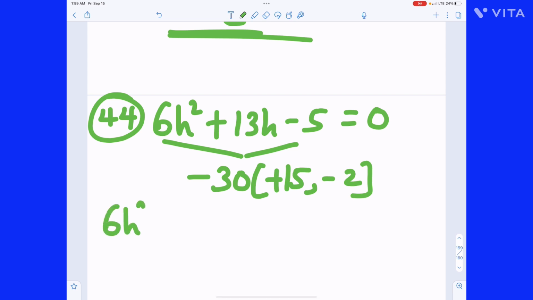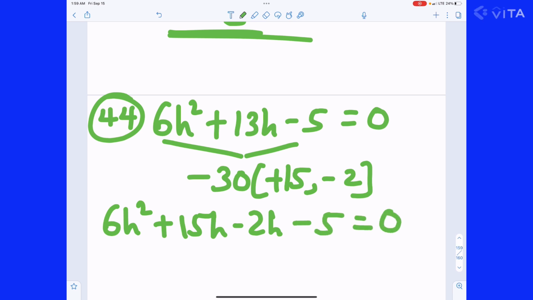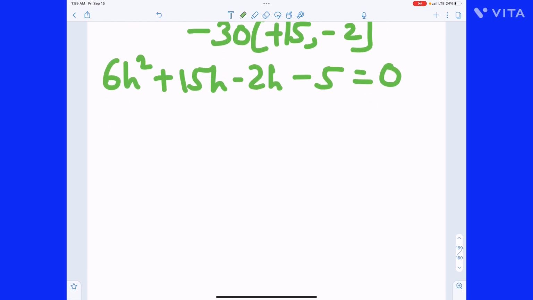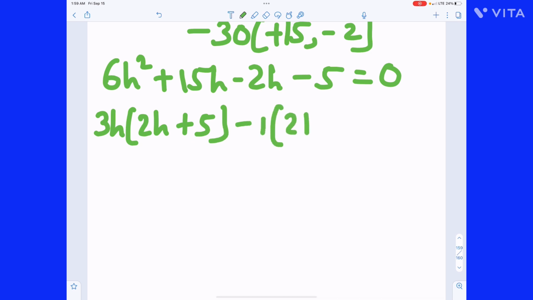So 6h squared plus 15h minus 2h minus 5 is 0. That gives me 3h(2h plus 5) minus 1(2h plus 5) is equal to 0.